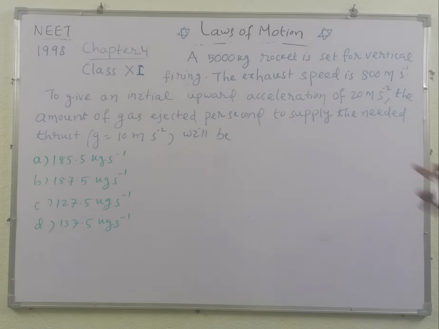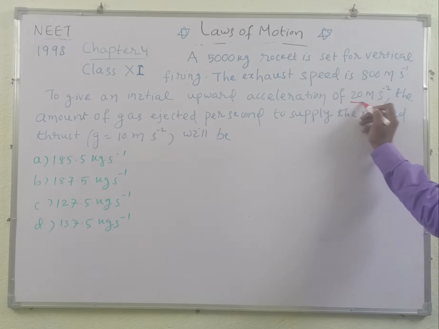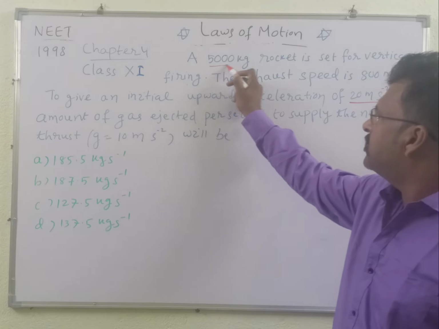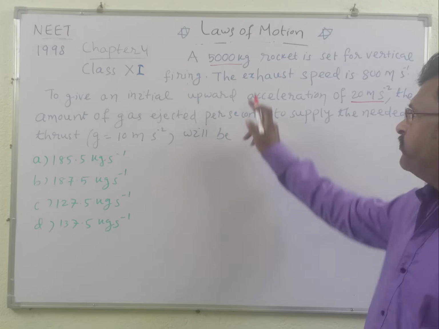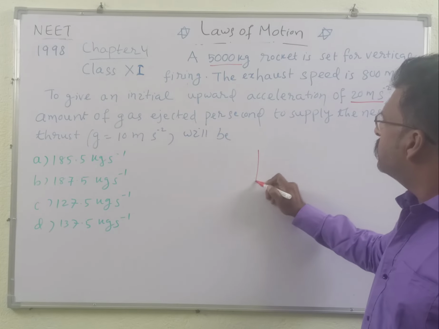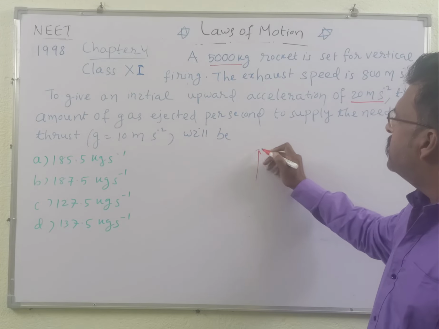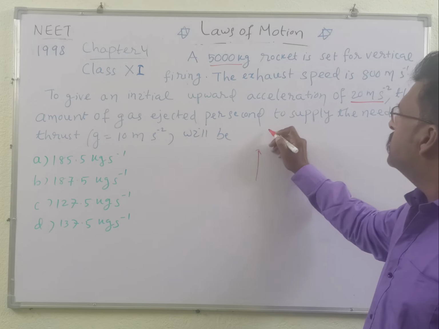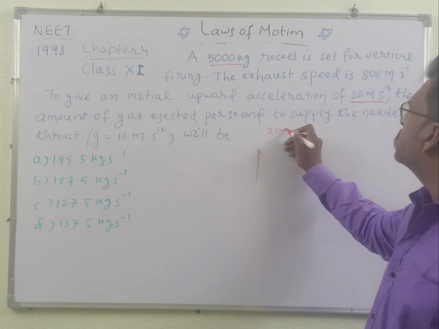You see, student, the upward acceleration is 20 meter per second square. Okay, student, and the mass of the rocket is 5000 kg. So, student, the rocket will go this way, and that will have acceleration. How much, student? That will have acceleration 20 meter per second square.